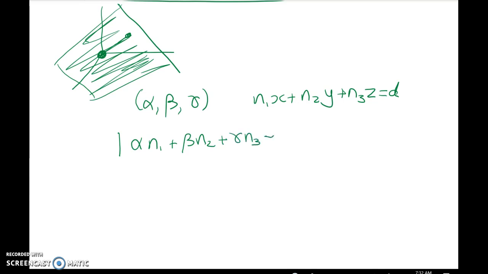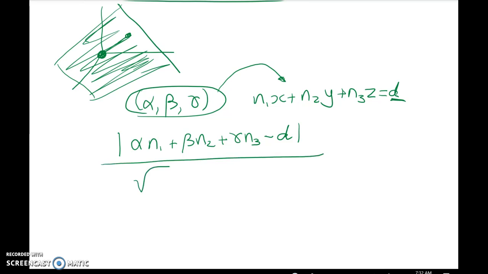That was a little bit counterintuitive, but there you go. In other words, what I'm doing is I'm taking the values of my point and I'm just substituting them into my plane equation and subtracting off my constant, okay, and taking the absolute value. And then I'm scaling that by the magnitude of the normal vector. So that's the perpendicular distance from a point to the plane.